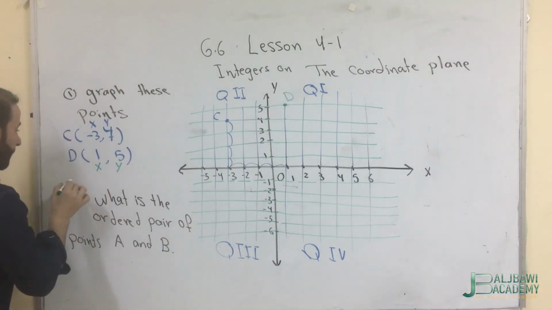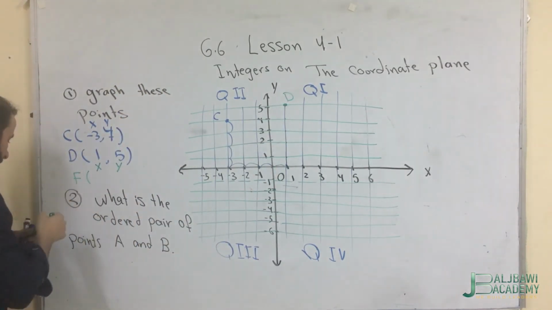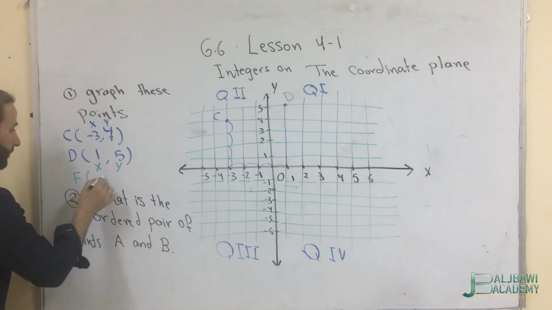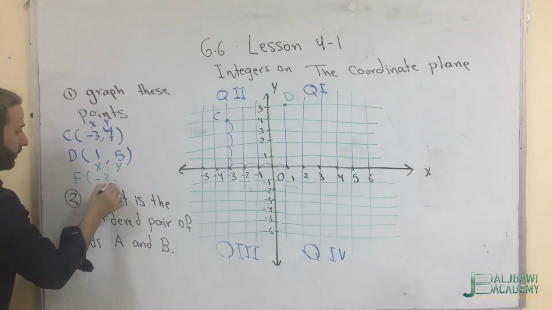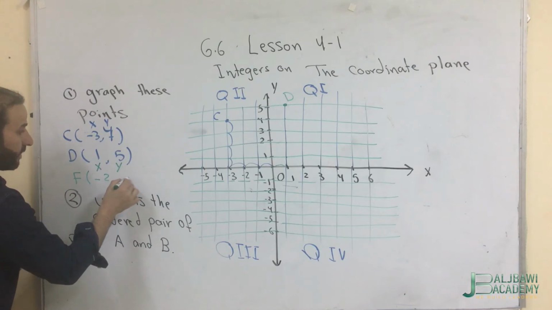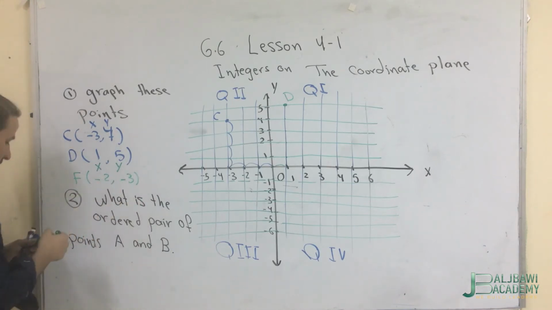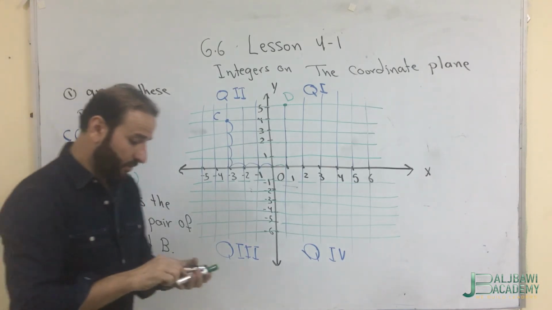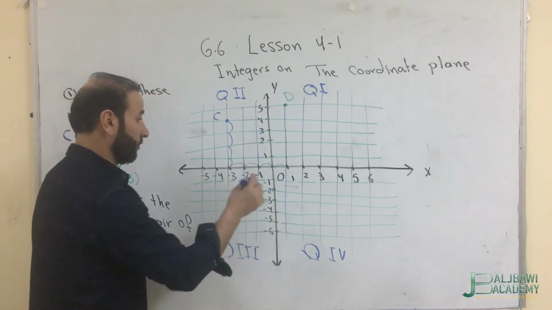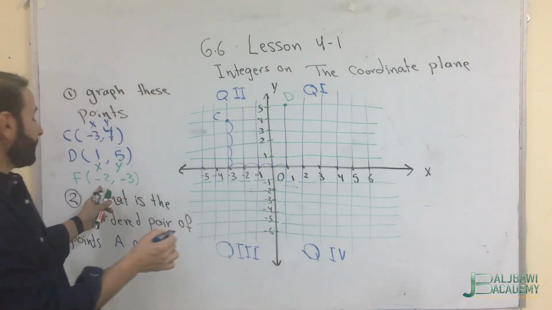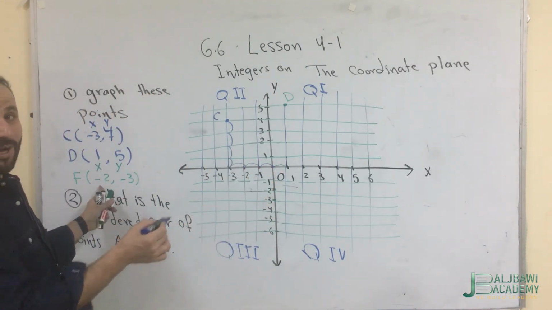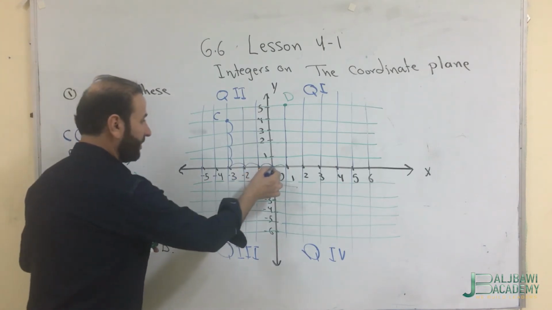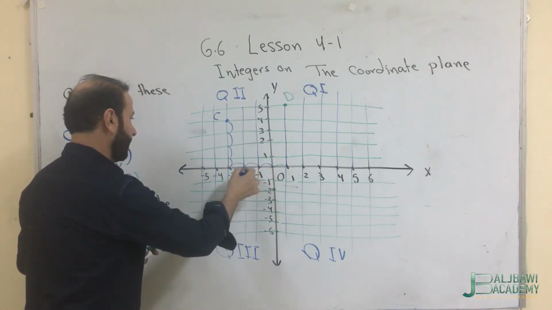Another example, F, which is -2, -3. So to label this point, I always start from the origin. Now the x coordinate is -2, so I go left. 1, 2, here -2.